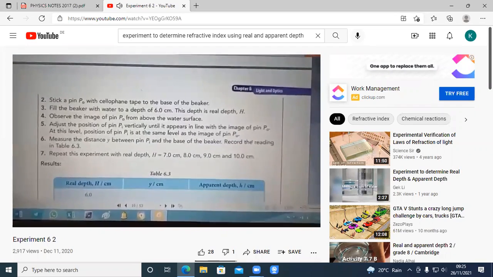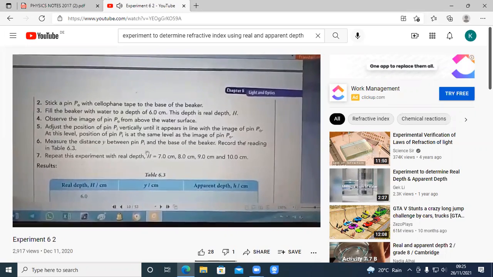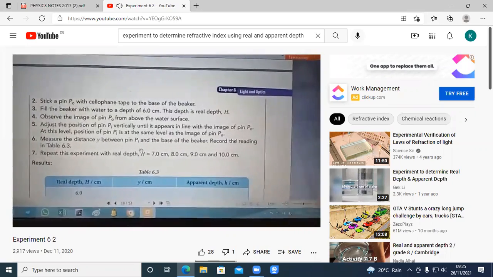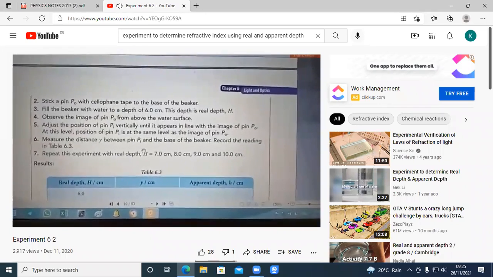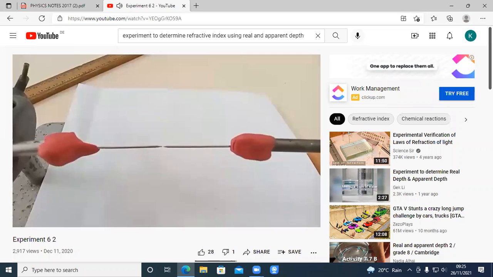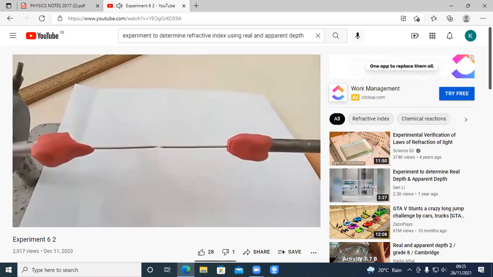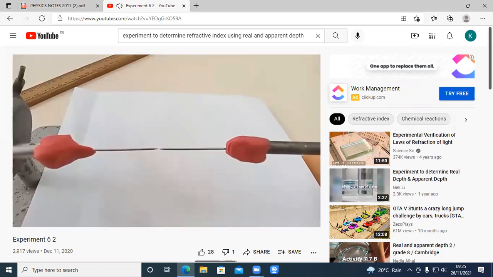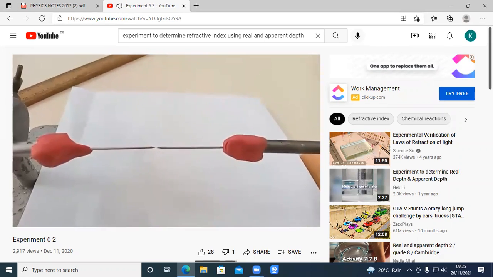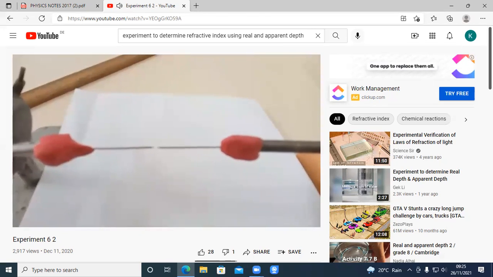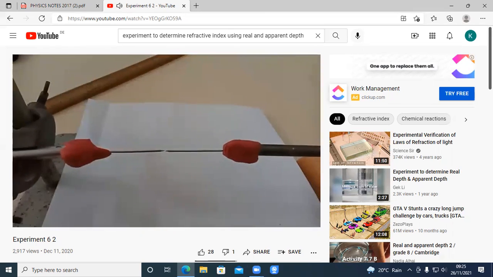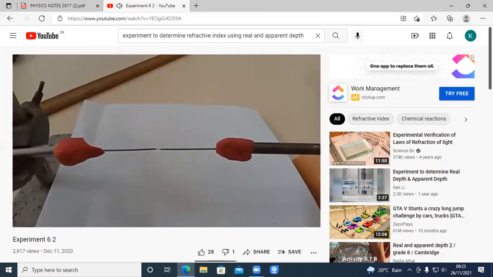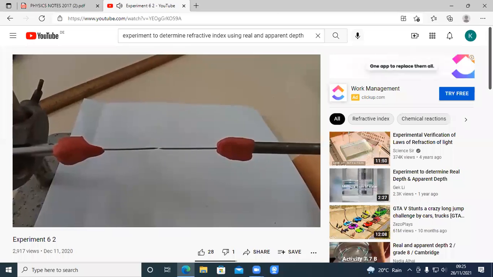Before I start with the experiment, we will discuss a little bit of the basic concept. The basic concept is that if the two pins are at the same level or same position, then no matter from which angle you look at them, the pins will look like they are in the same position.